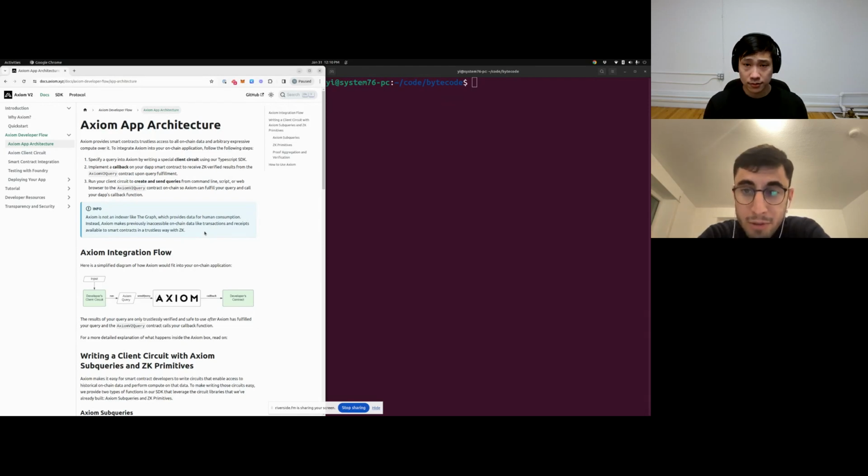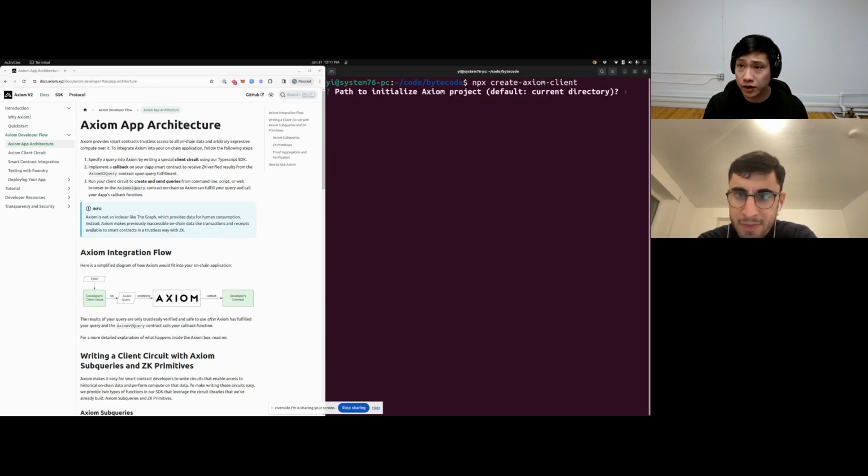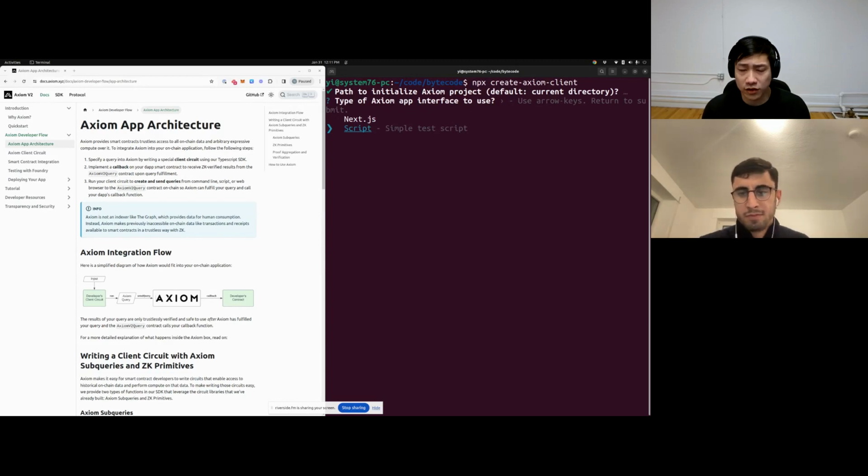Nice, nice, really cool. Yeah, why don't you walk us through the docs? Cool. Yeah, so I'll walk through first just what a user flow to actually integrate your contract with Axiom would look like. So we have a starter create Axiom client script. So I'm initializing a new project in my current directory. We let you choose between having the queries being submitted from a Next.js front end or web app or just a Node.js script.